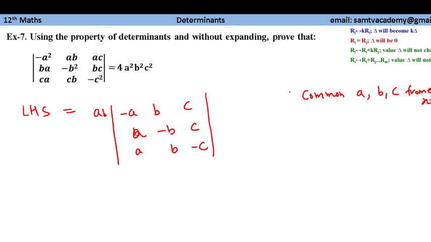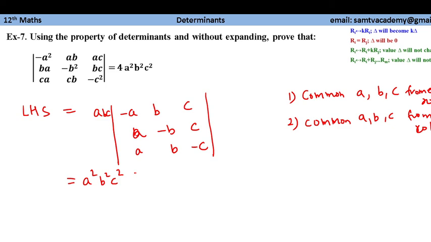Now first step done. And second step, we will again take common A, B and C from each column. Now, so here we have forgotten to write C. So now if we take A, B, C from the columns, it will become A square, B square, C square.